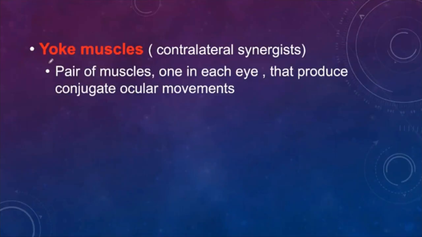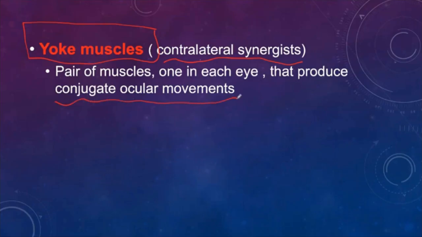Then we have a term called the yoke muscles. Yoke muscles is a term expressing the contralateral synergists, meaning that they are pairs of muscles in both eyes, one in each eye, that produce conjugate ocular movements.